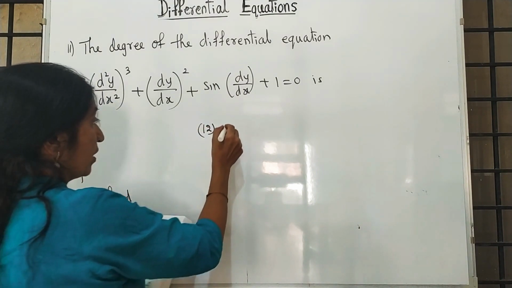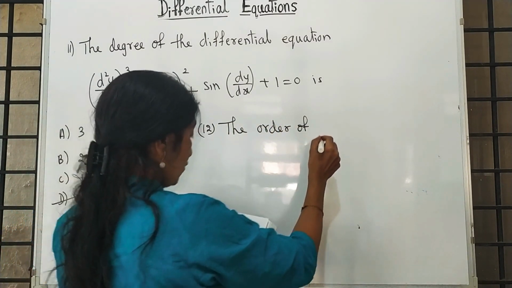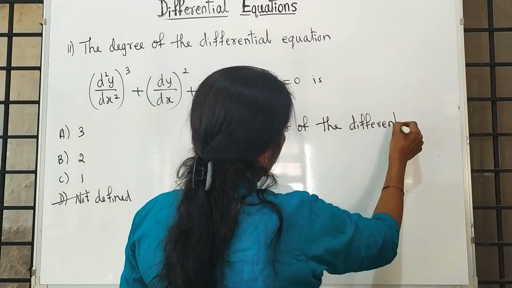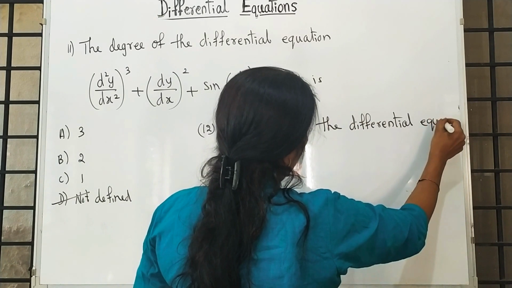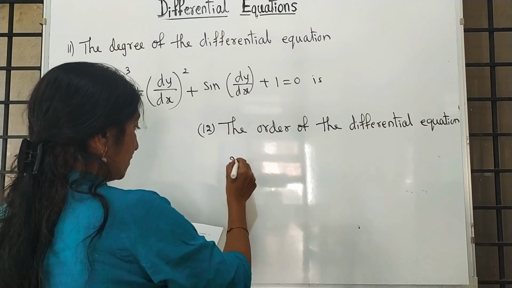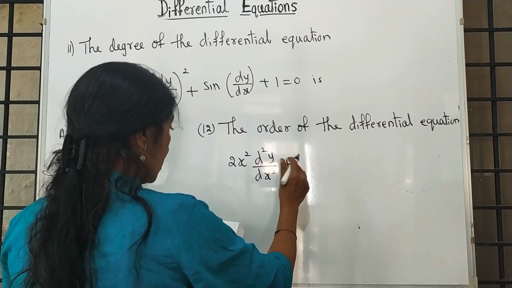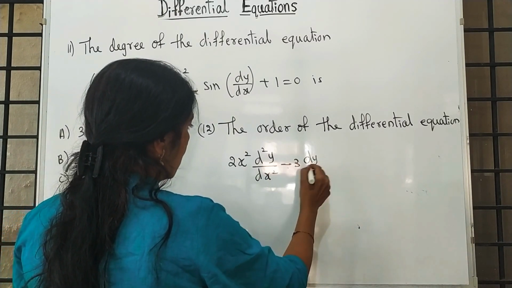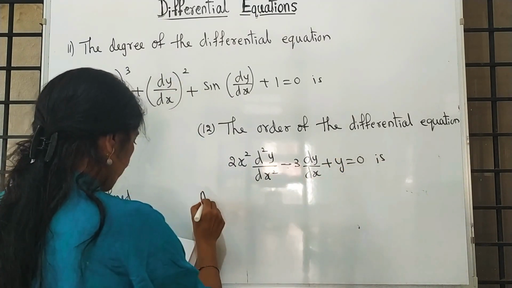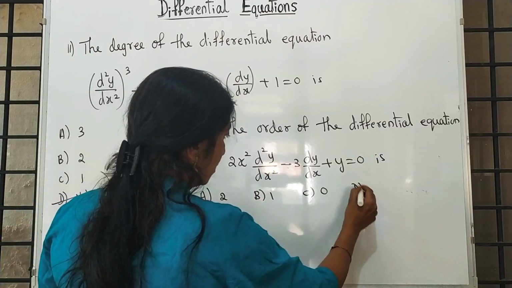12th question. The order of the differential equation 2x square into d square y upon dx square minus 3 into dy upon dx plus y is equal to 0 is: first option 2, second one 1, third one 0, D not defined.